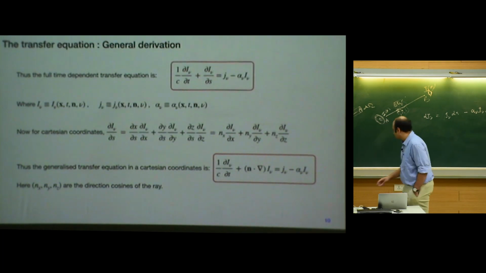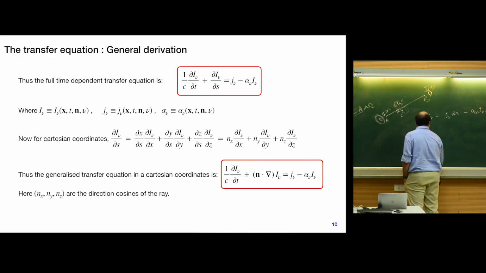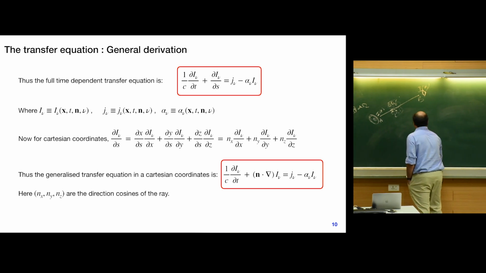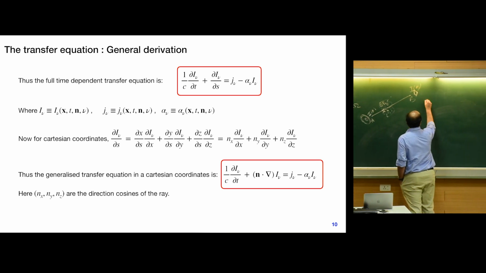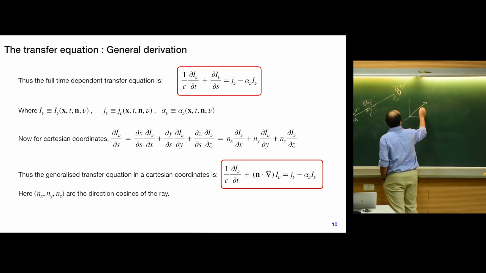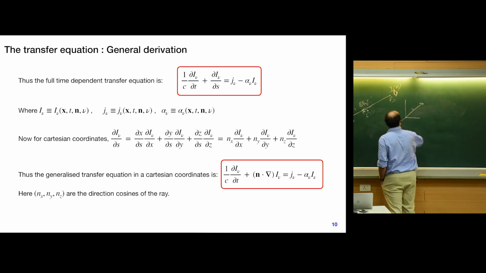So let me jot down a line. You may never actually require this, but it's good to know this information. So suppose you want the radiative transfer along this line S. This is theta. This is phi, x, y, z.